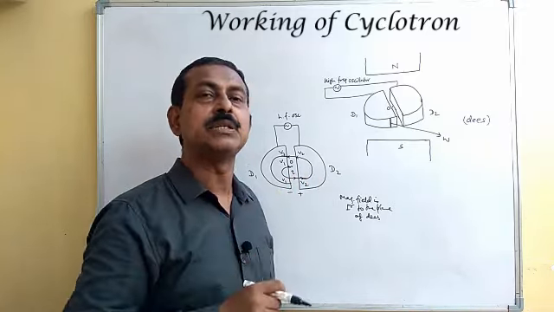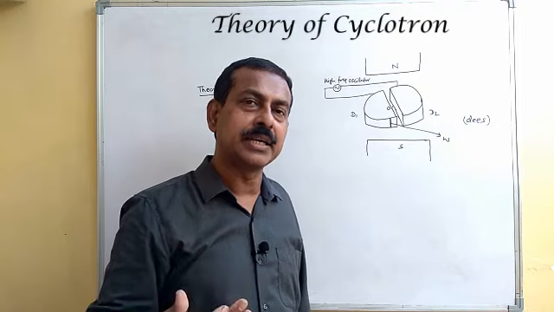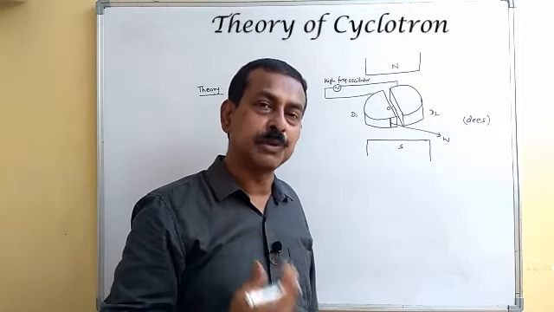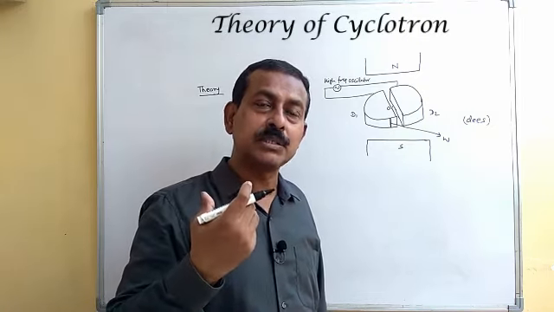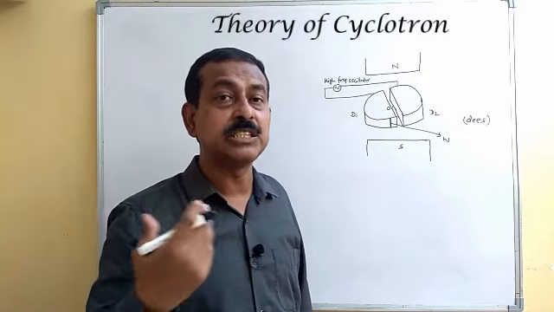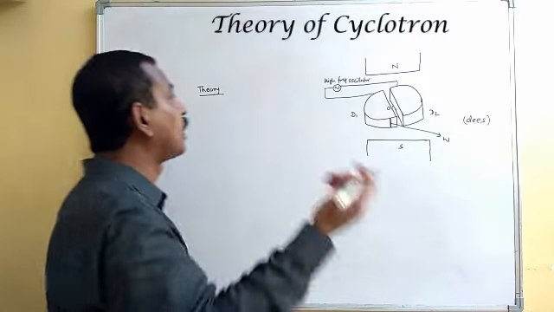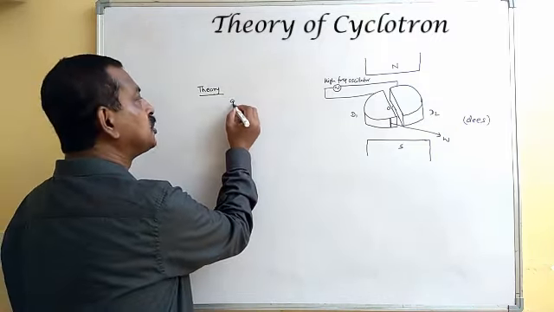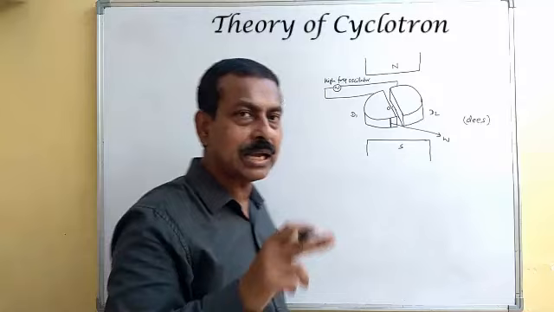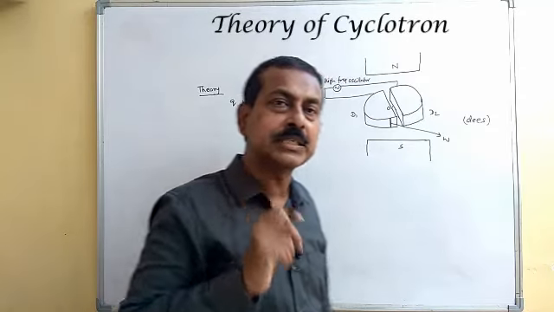Let's take now the theory of cyclotron: how the charged particle gets accelerated, what will be its frequency of revolution, and what is the maximum kinetic energy which they can possess. So suppose we have the charge Q of mass m moving with velocity v in the region of magnetic field B. And there it describes a circular path of radius r.